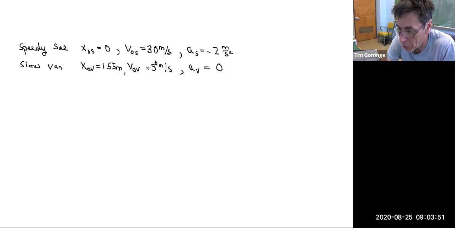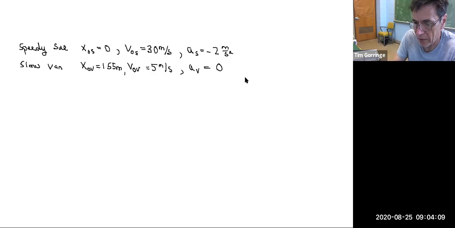And again, to make it clear that this is the data for the van, I put a little subscript V on for the slow van on each of these three terms. So this whiteboard is a simple summary of the information we're given in the problem. And we've got to find out whether Speedy Sue collides with the slow van.